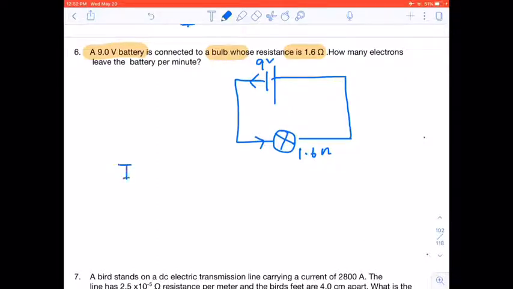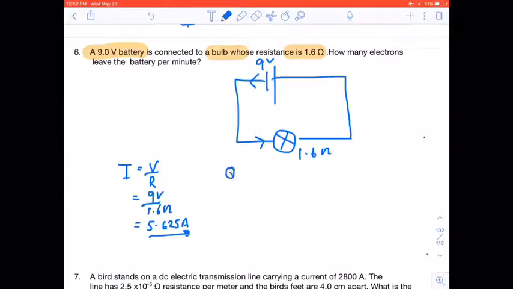So if we look at that, we say, okay, I is equal to V upon R, which would mean 9 volts upon 1.6 ohms, which is 5.625 amps. That is the current being drawn by that particular resistor. So we want to know how much charge that is.